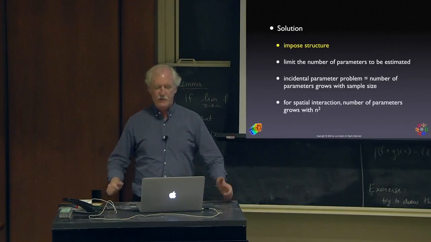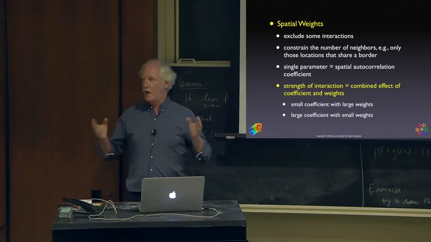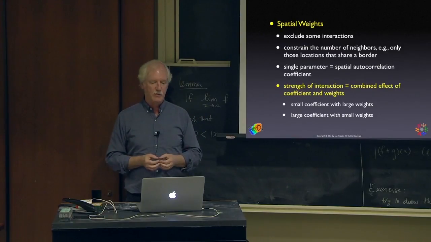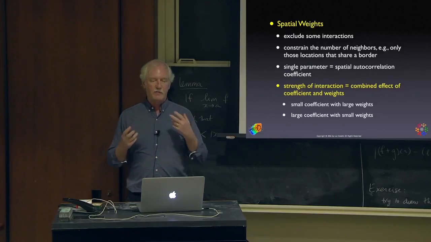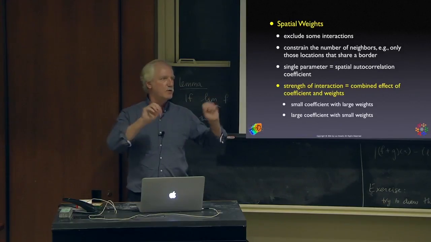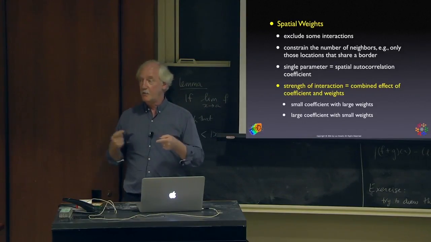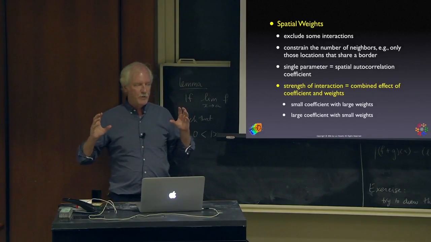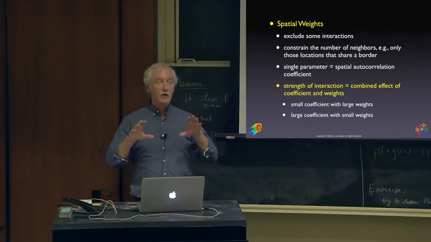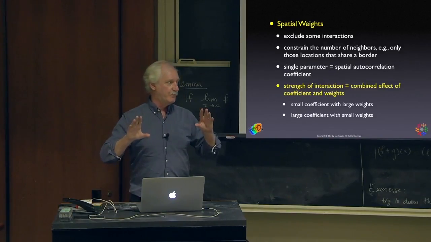So the spatial weights are designed to constrain the interaction, constrain the number of neighbors. And there's two kinds of constraints, really. One is to constrain the number of neighbors, a lot of zeros. We put in zeros in the matrix. And then the other simplification is only one parameter. You simplify the interaction.